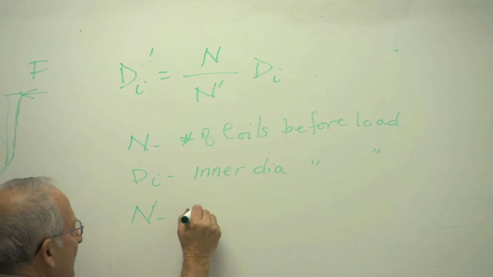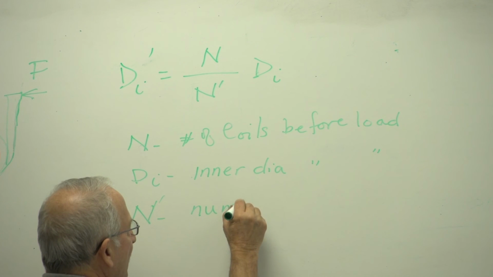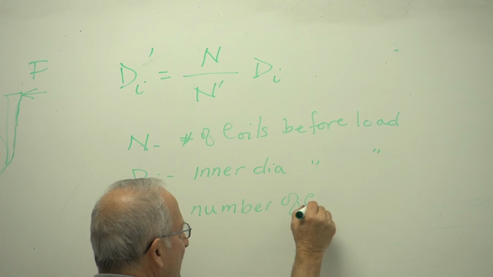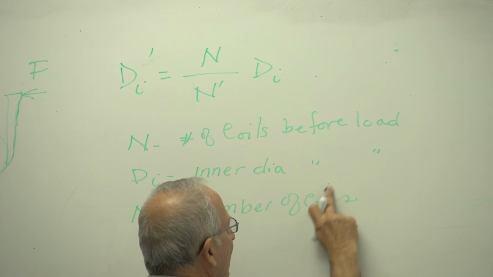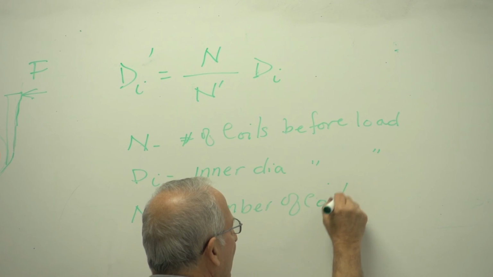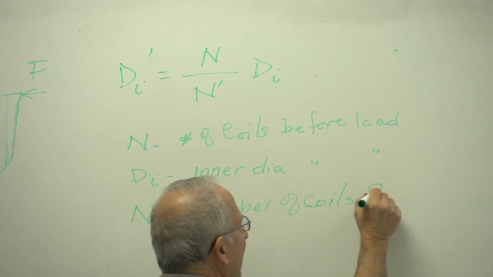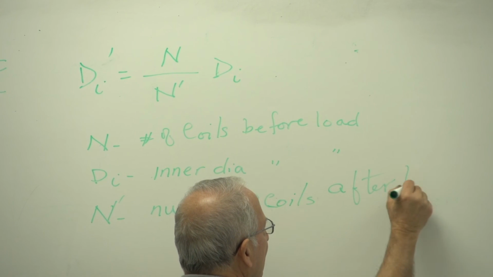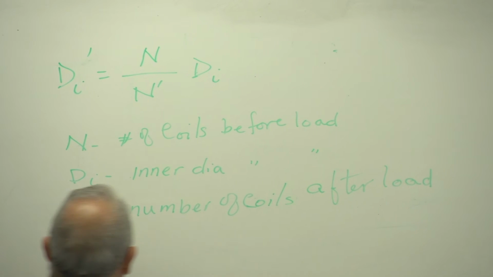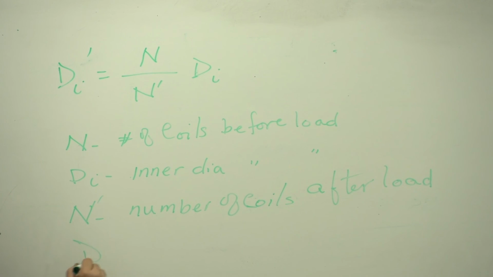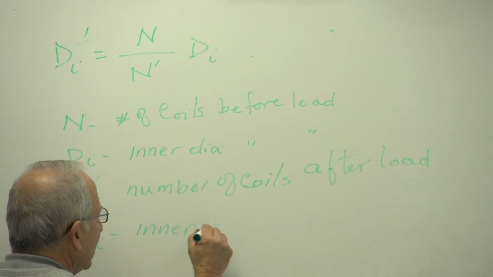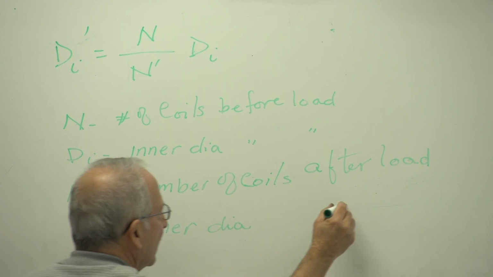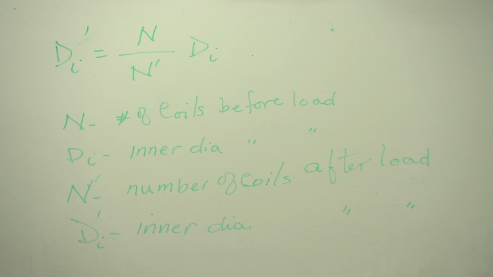N prime is the number of coils after load. And di prime is the inner diameter after load.